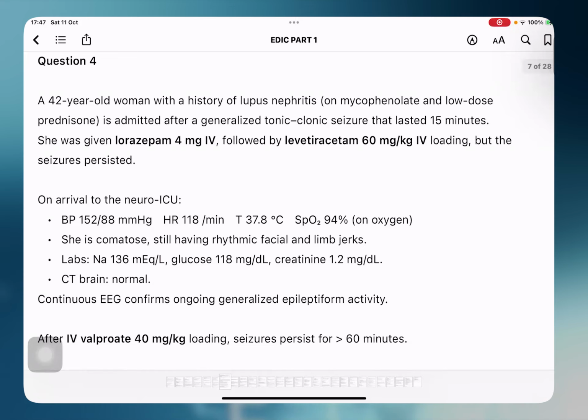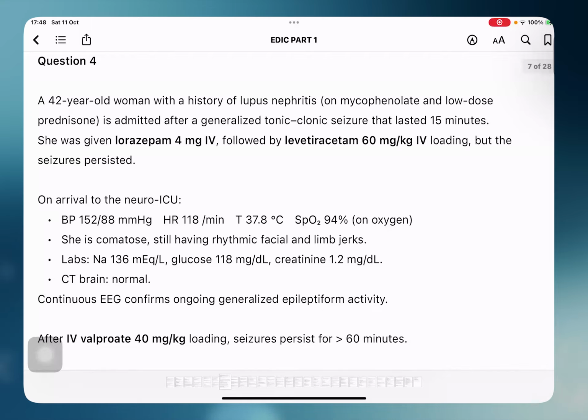What is the diagnosis? Toxicity of mycophenolate. Okay, that is a secondary diagnosis. What is the primary diagnosis? This patient has a refractory status epilepticus. Why refractory?